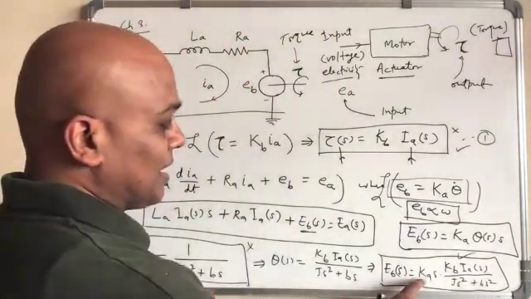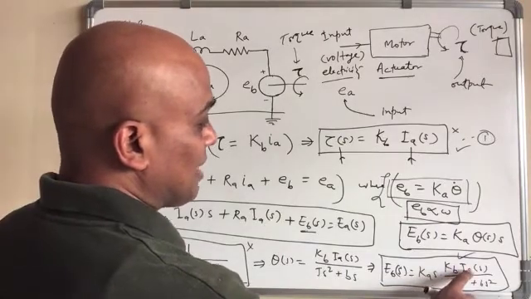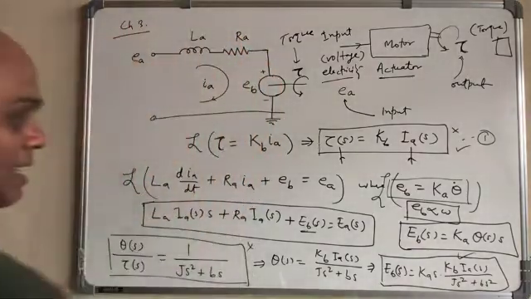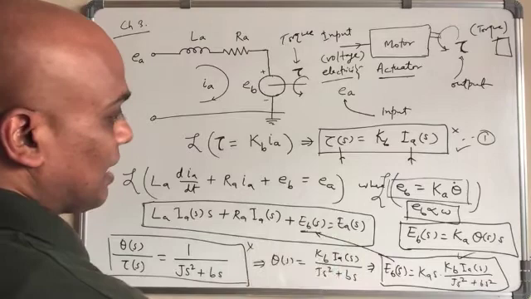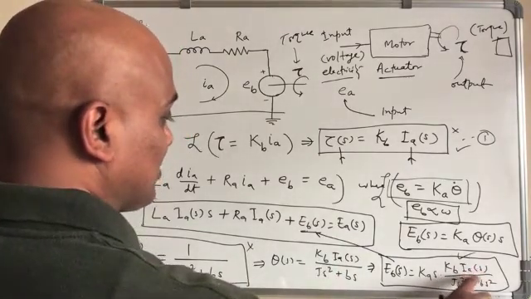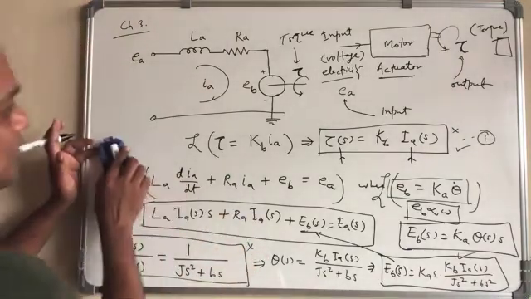EBS equal to KAS multiplied by KB multiplied by IAS divided by JS square plus BS, and the whole thing you can put it here, right? And what we have in terms of IA and in terms of IS, right? So okay, let me remove this one.